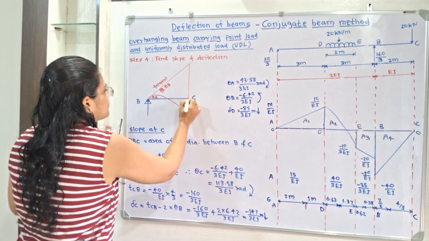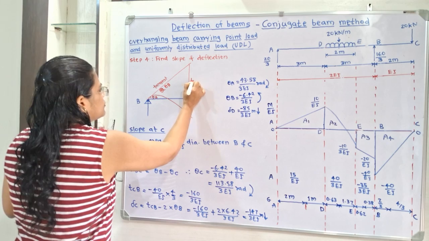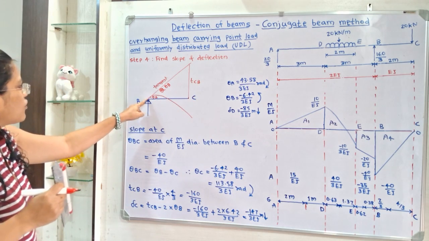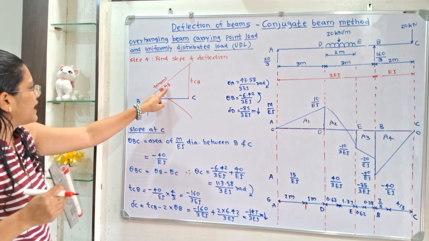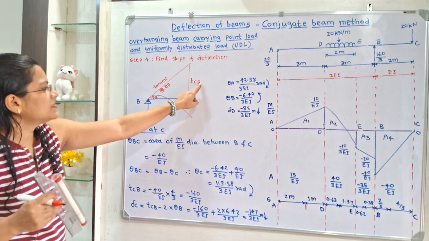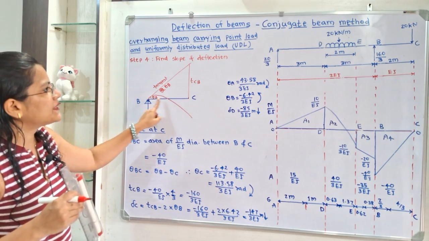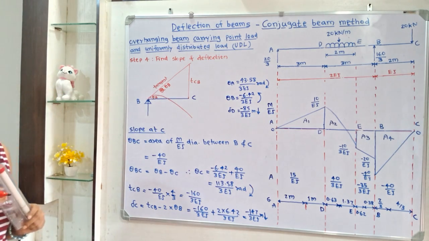Now this perpendicular line from this point C is known as TCB. Now why this point B? Because this is the tangent at theta B. So TCB, and the distance in between this B and C is mentioned 2 meter.